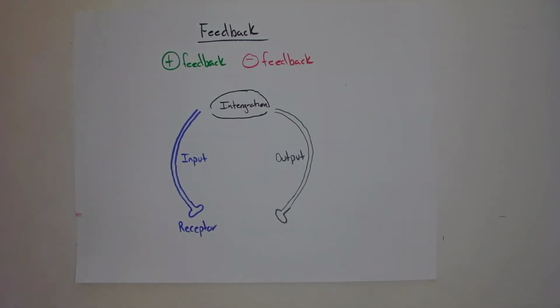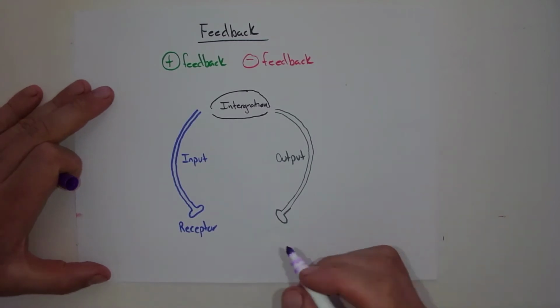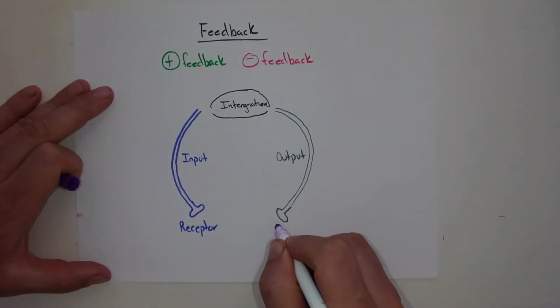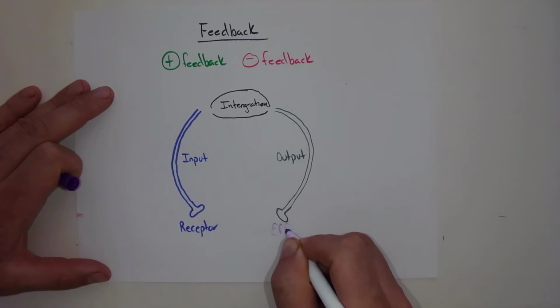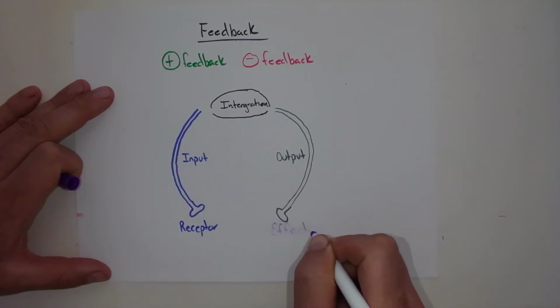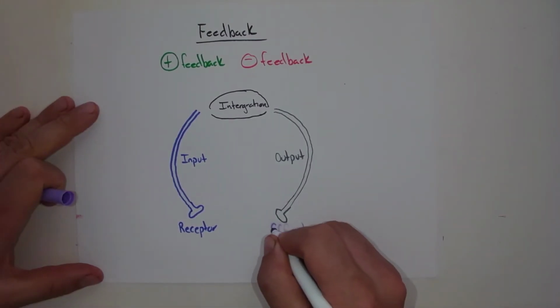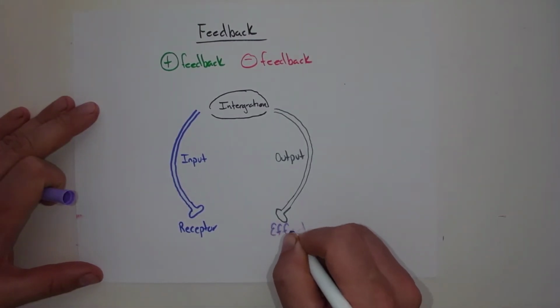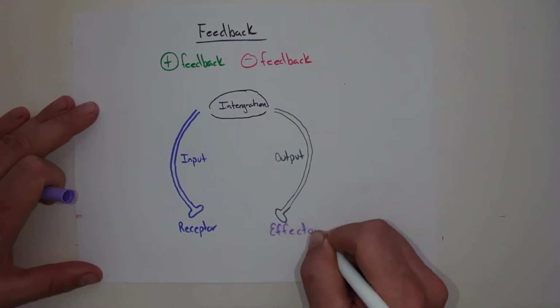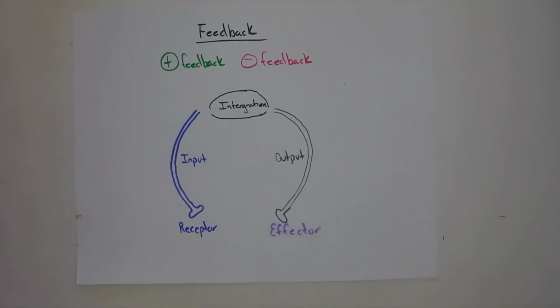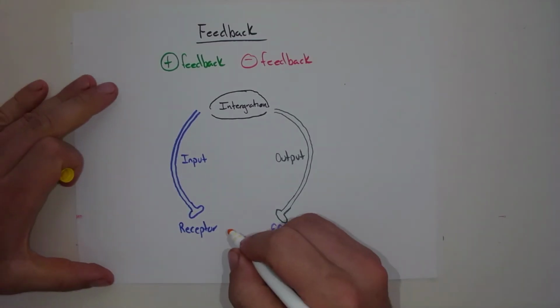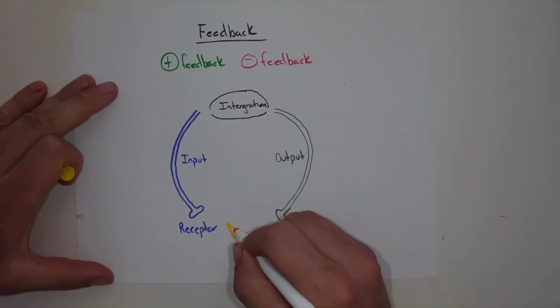I don't want to use red or green because I don't want to confuse it with the positive and negative feedback, but we'll do an effector out here of some sort. Let me darken up that purple. And this effector is going to affect the original stimulus.